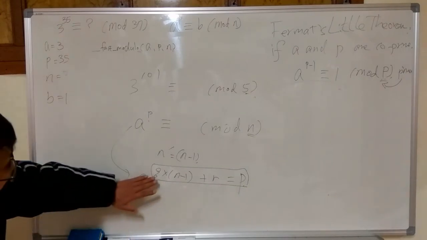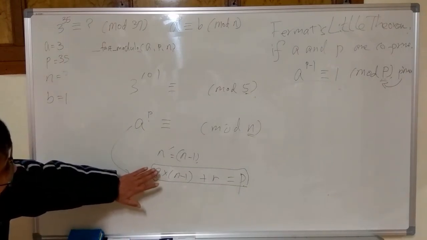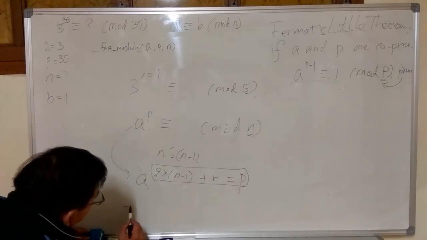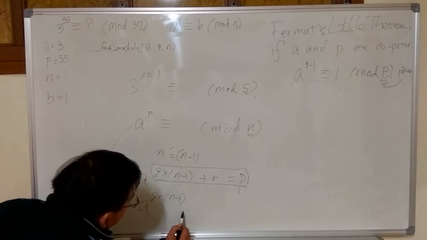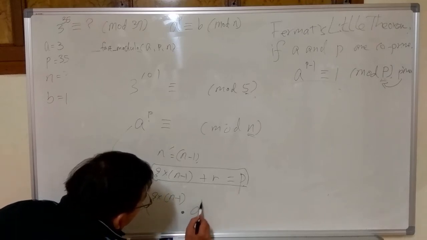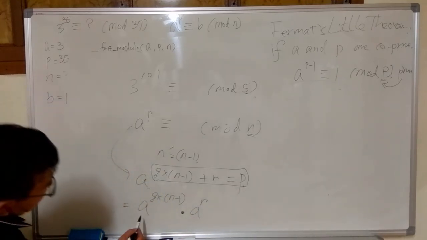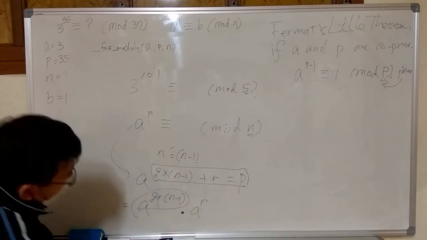So this value does not matter, because in this case it becomes a^(Q times (n minus 1)) times a^R, and the first factor effectively becomes 1.